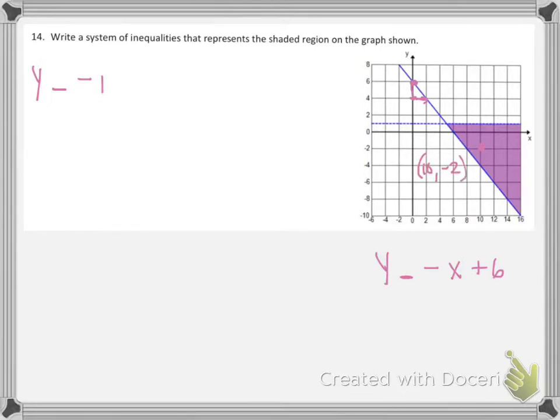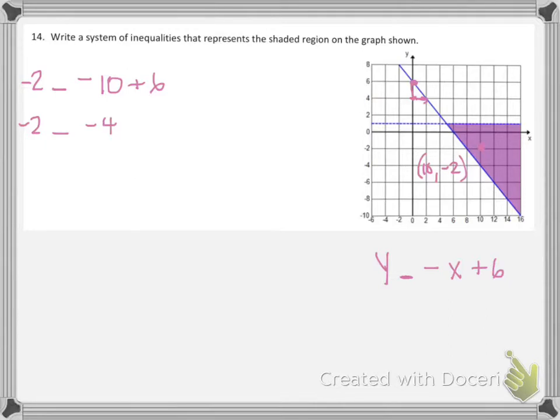So that's a negative 10. And the y value is a negative 2. So negative 2 is something or equal to negative 10 plus 6.